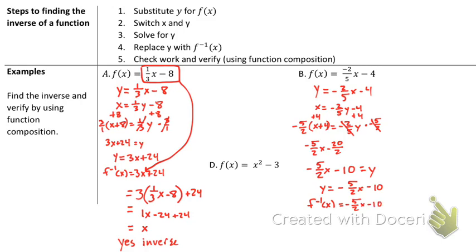And then go ahead, let's check, does this work? So I'm going to plug in this stuff. We're going to compose it. It's called a function composition, when you plug one function into another. So this stuff is going to get plugged into x.